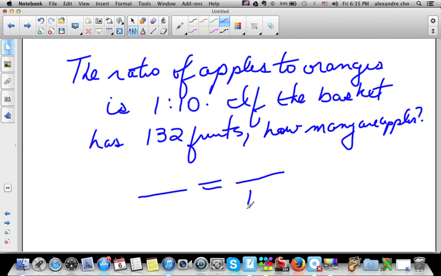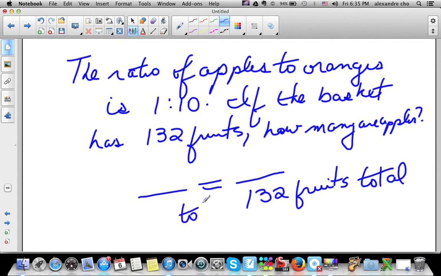First of all, let me write what I can. I know there are 132 fruits, so that's total. So the bottom has to be total on both fractions. Both of them have to be totals. And on top, I want to find the number of apples. So that should be my setup.